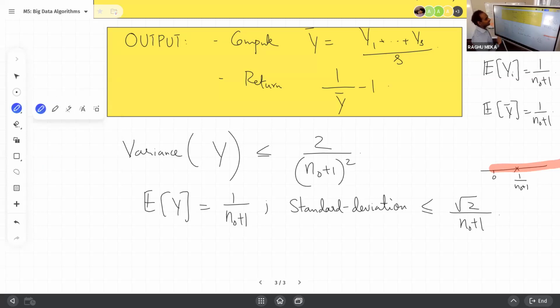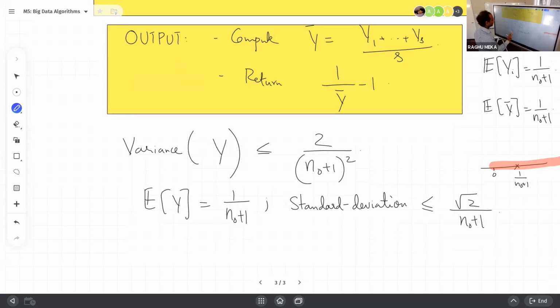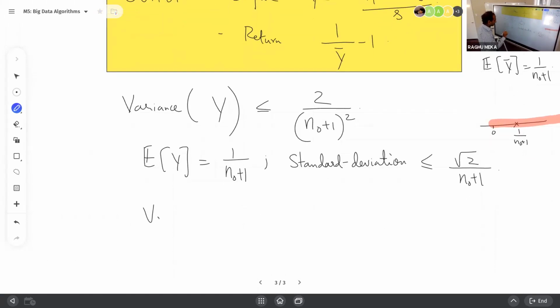So this is the variance of a single copy. What's the variance when you average multiple copies? This is something you did in one of the homework problems: if I have a single estimator, it has some variance, but if I average multiple ones, then my variance decreases.